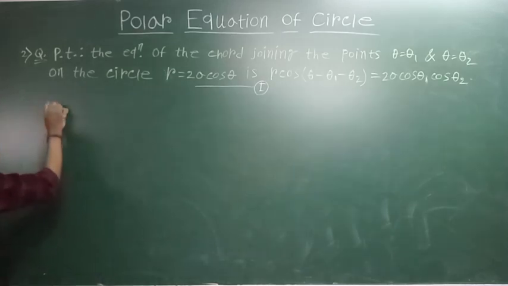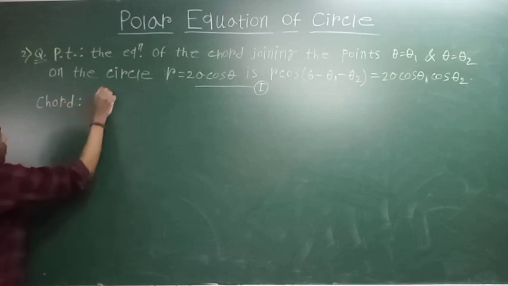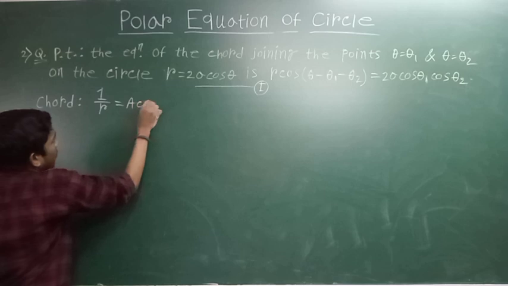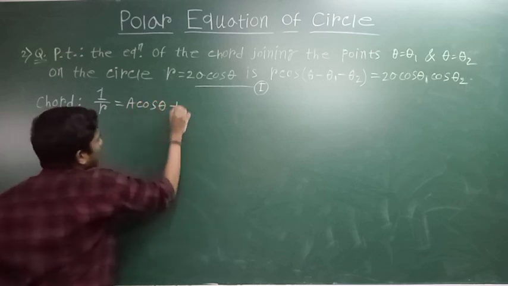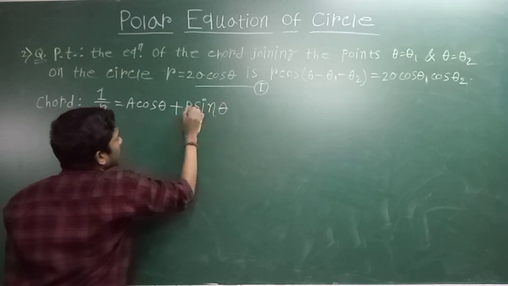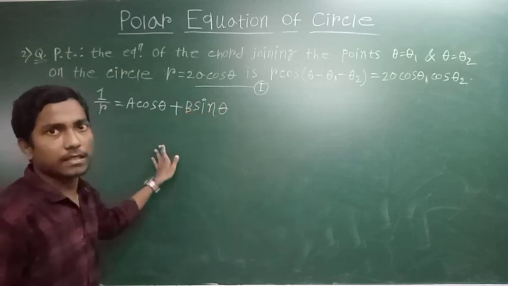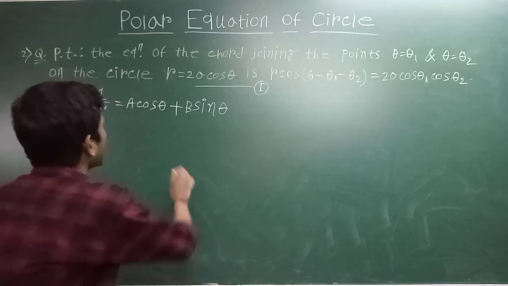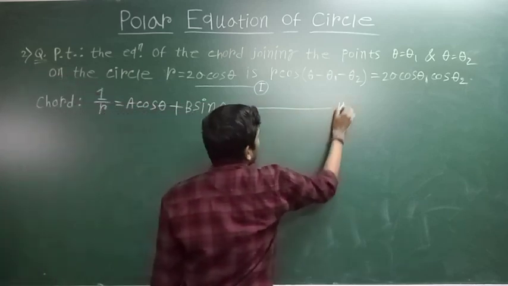Let us assume the equation of the chord is 1 by r is equal to a cos theta plus b sin theta. We can say this because chord is a straight line, and we know this is the general equation of a straight line from my previous lecture. So say this is our equation 2.